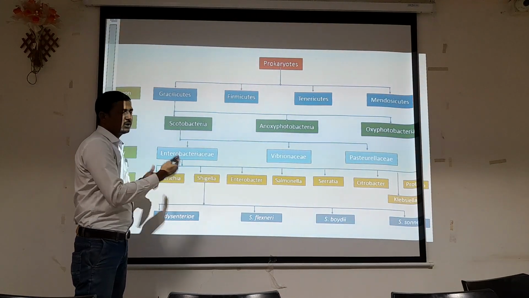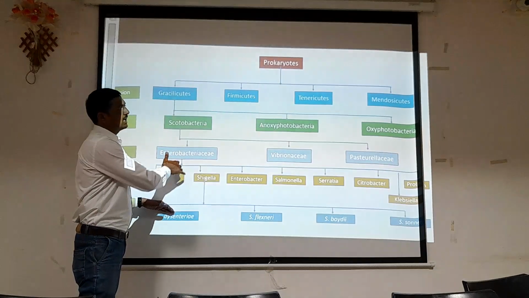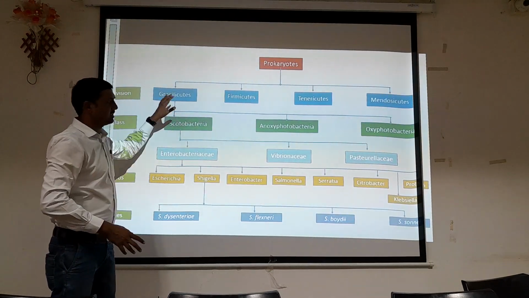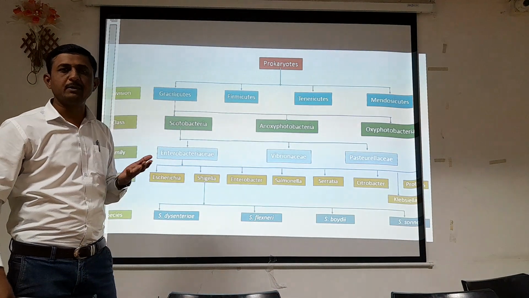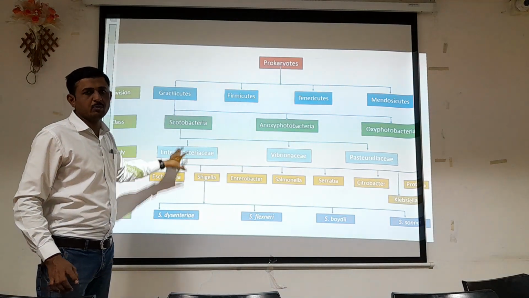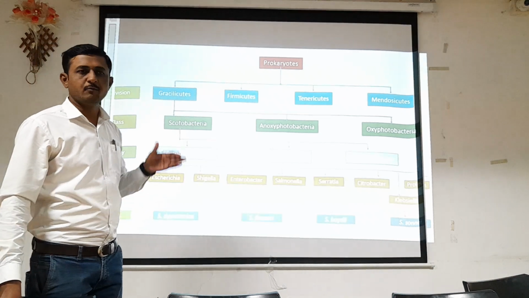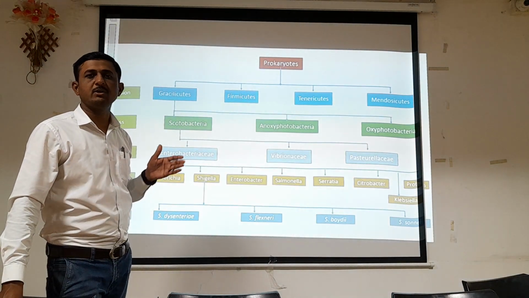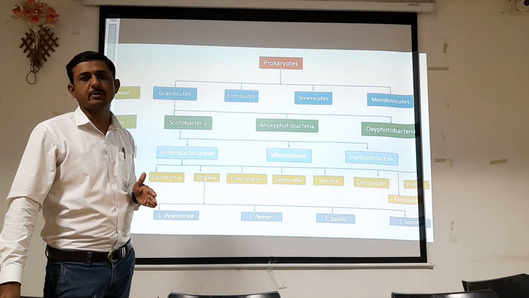If we collect information about the organism, we can easily arrange and group it using the protocol already published in Bergey's manual, and we can take help of that manual for the proper organization and classification of the organism with respect to its characteristics. This is the basic idea about Bergey's Manual of Systematic Bacteriology.